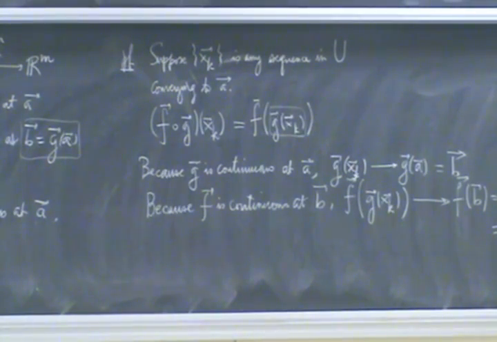That f∘g is continuous at A. So the hard part of the theorem we proved yesterday was, if you know it works for every sequence, then the function's continuous. So I'm using that theorem both ways.